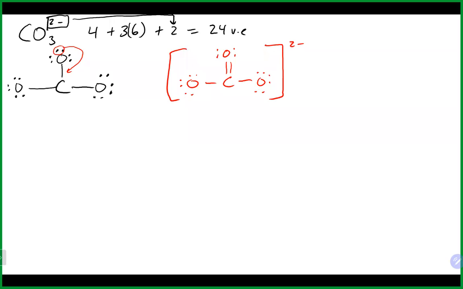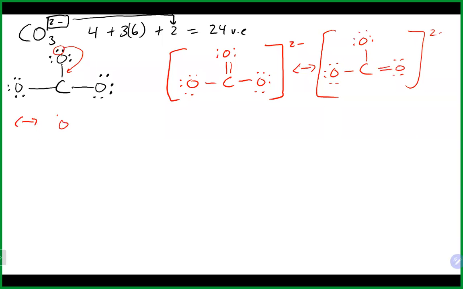This is another one where you could draw some resonance structures by making the double bond at a different location. So if you double bonded to the right, it'll look something like this. And you could draw one more resonance structure where you would double bond it to the left here.